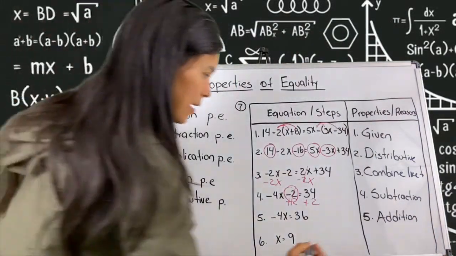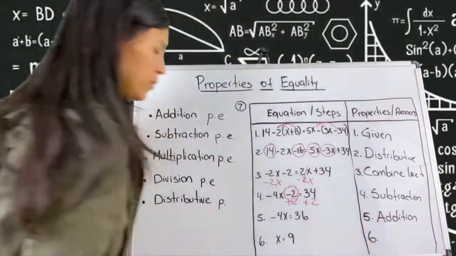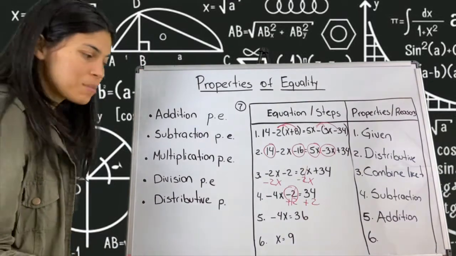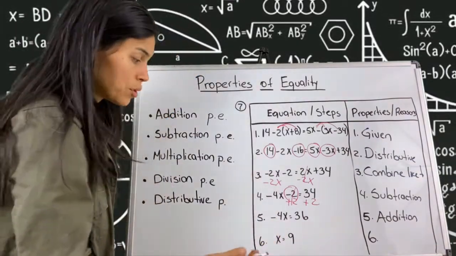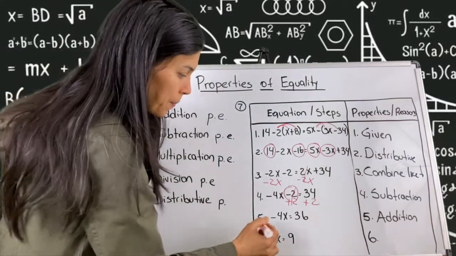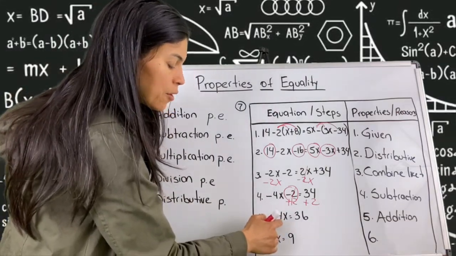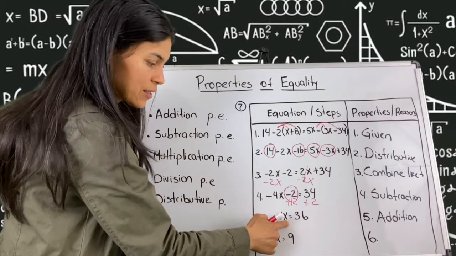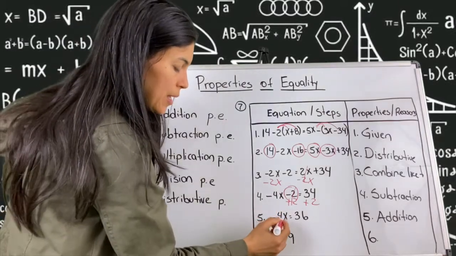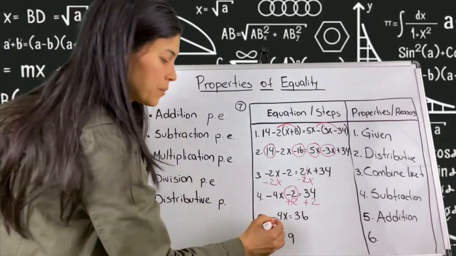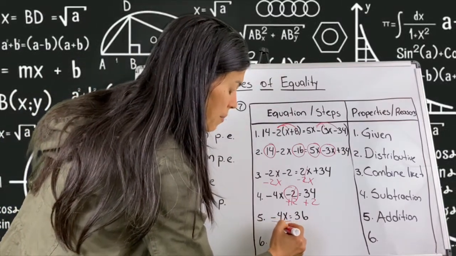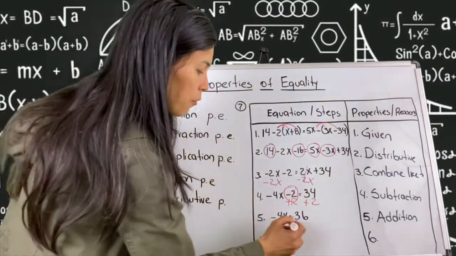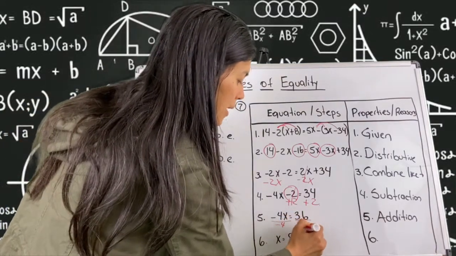And the last step, okay, I see that the x is by itself. It means that the negative 4 must have gone somewhere. Since the negative 4 is multiplying the x, because there is no symbol in between, the inverse of multiplication to undo it, the minus 4, is division. They divided by the same number, minus 4, on both sides.